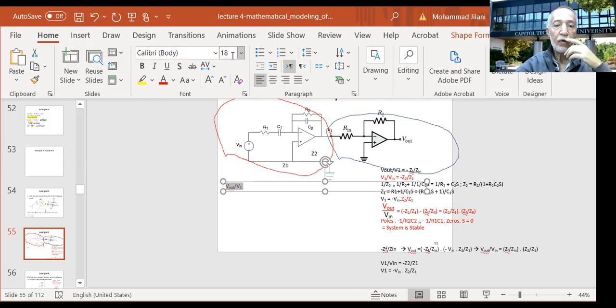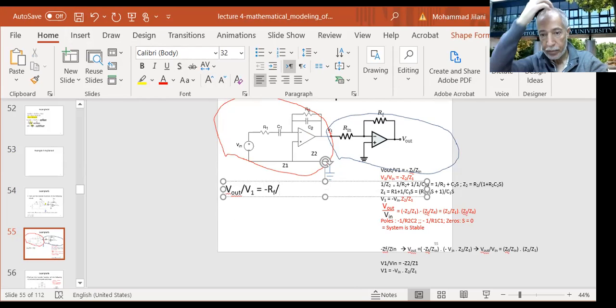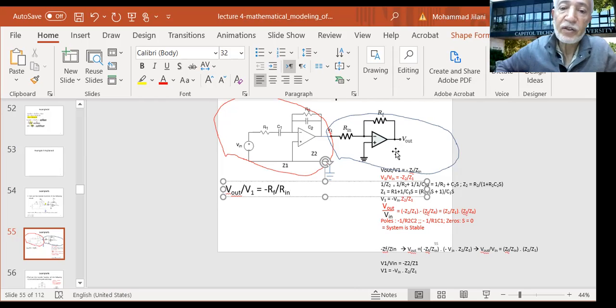And let me increase the font again. So V out divided by V1 equals minus RF divided by RM, or RN, actually it's called RN. Okay, so that's the first V out divided by V1.